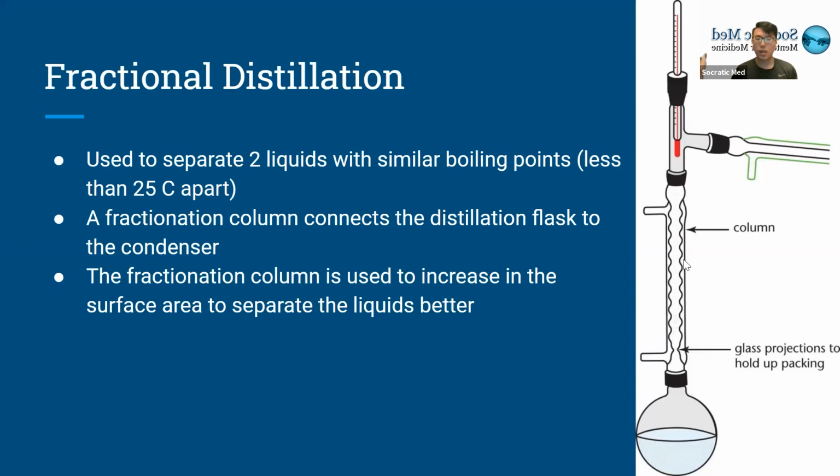The fractionation column is used to increase the surface area to separate the liquids better. So this column will be able to separate the liquids in the distilling flask, even though they have boiling points that are less than 25 degrees Celsius apart.